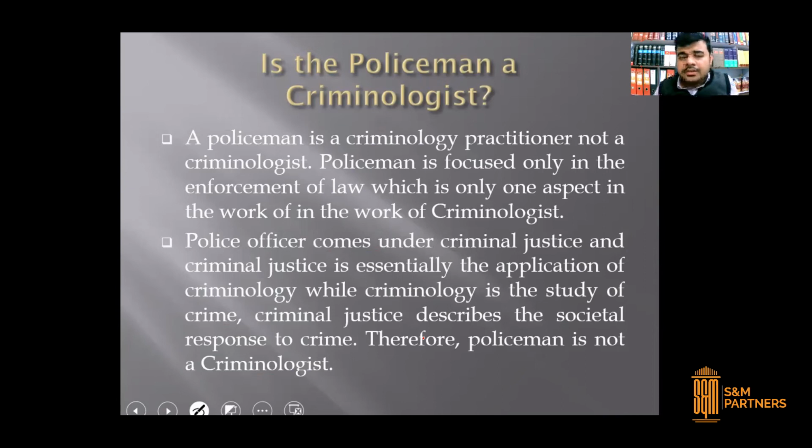The answer to this is that a policeman is a criminology practitioner and not a criminologist. A policeman is focused only on the enforcement of law. That is one aspect of criminology, which is only one aspect in the work of criminologists.